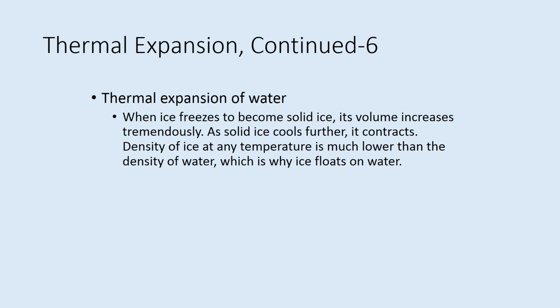The only region where it's not normal is between 0 and 4 degrees, where it exhibits this property of expansion, but it maintains the ability to float on water regardless of how cold it gets after it freezes. So that's an important factor. Generally speaking, the density of ice is about 10% lower than the density of water at the freezing point, and that, of course, is why it floats.